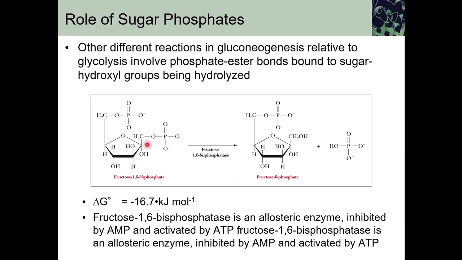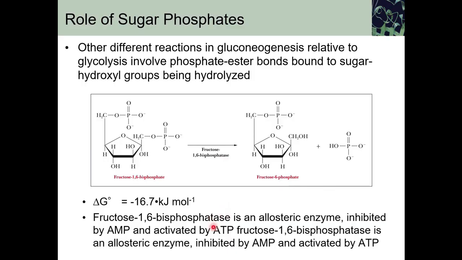Remember, from fructose 6-phosphate to fructose 1,6-bisphosphate in glycolysis, that's catalyzed by phosphofructokinase. In this case, a different enzyme catalyzes the conversion of fructose 1,6-bisphosphate to fructose 6-phosphate, and that's fructose 1,6-bisphosphatase.